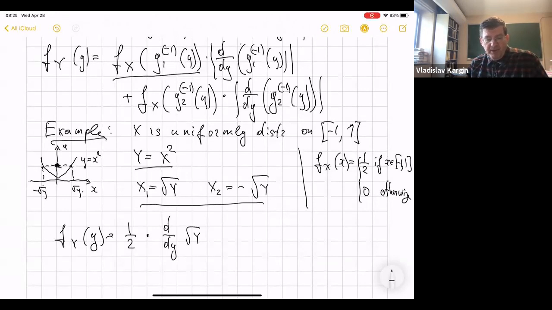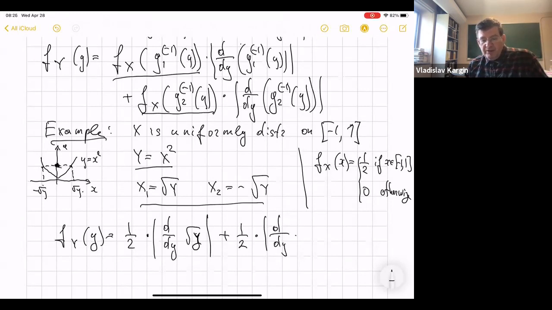For the second part, it will again be 1/2, just because the density of x doesn't depend on y, multiplied by the absolute value of d over dy of minus square root of y.